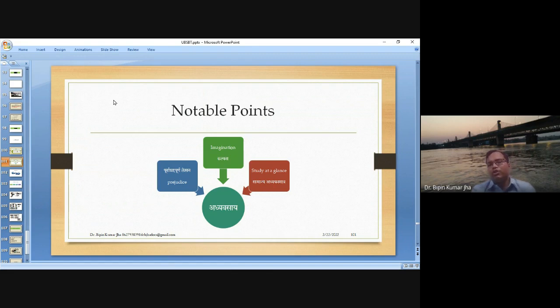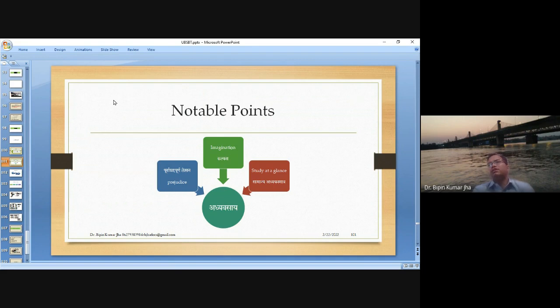First of all, you need to remove such notions, and don't go on extreme imagination. First of all, you need to go to the text and understand that particular text.